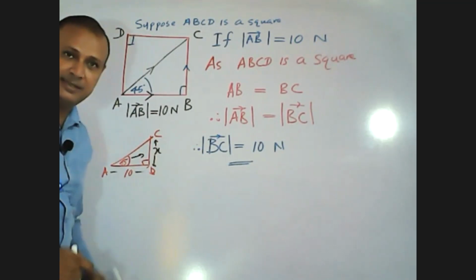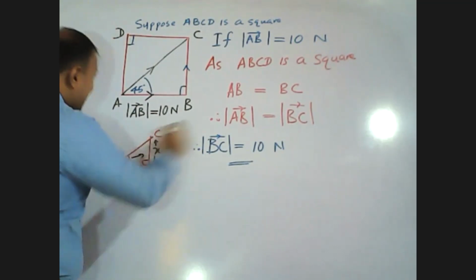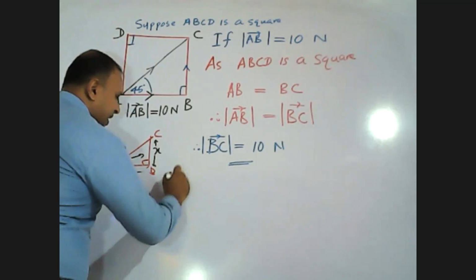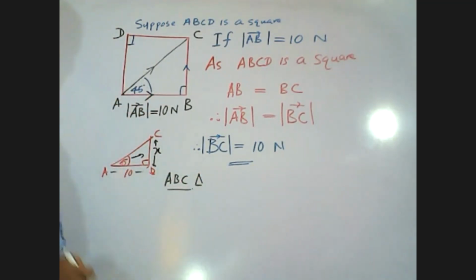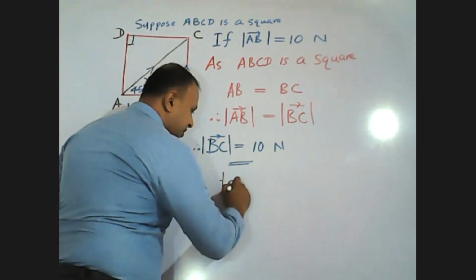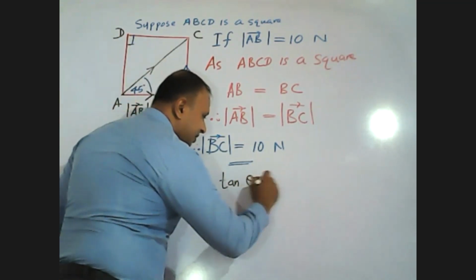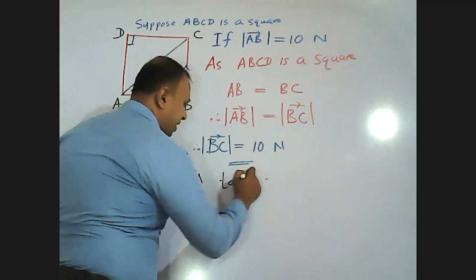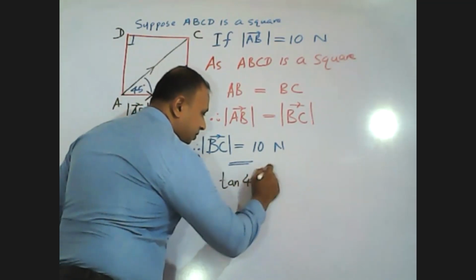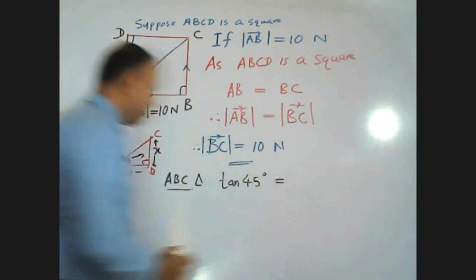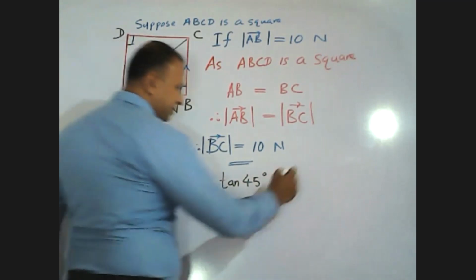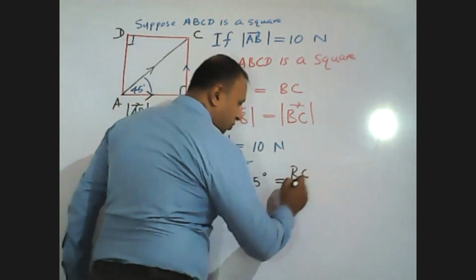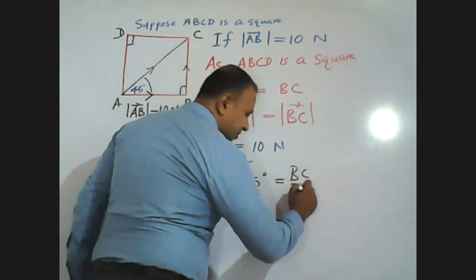So from the ABC triangle, I can write tan 45 is equal to BC over 10, opposite side over adjacent side.